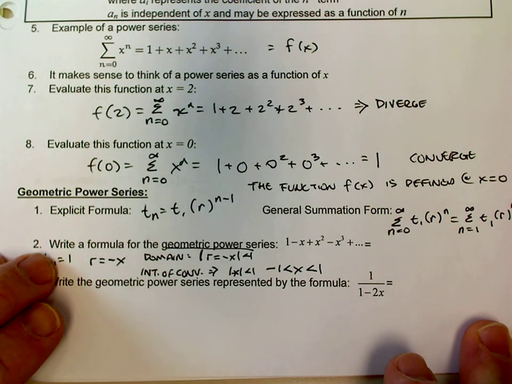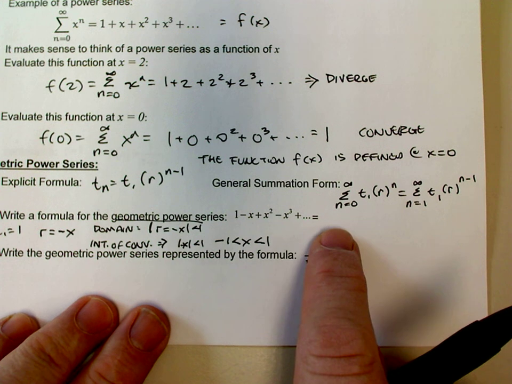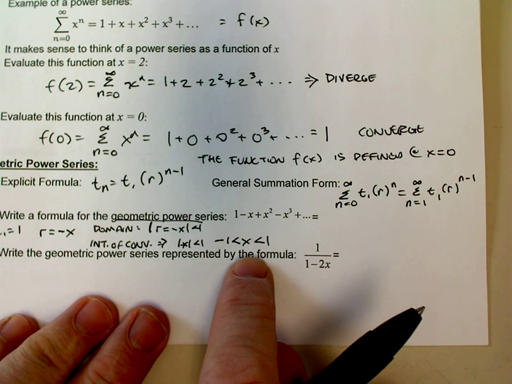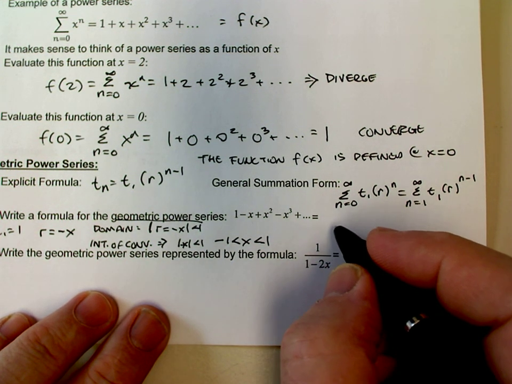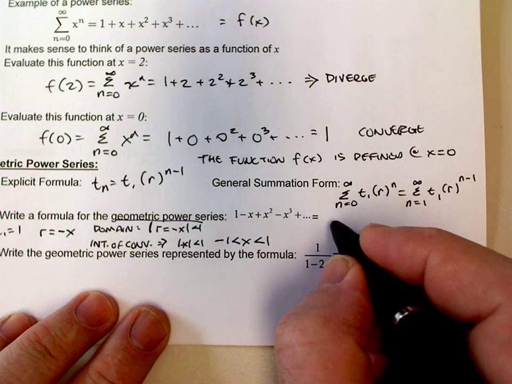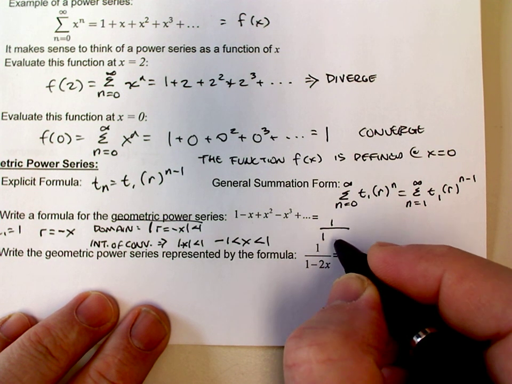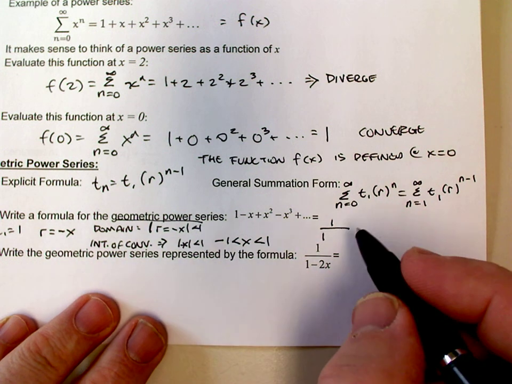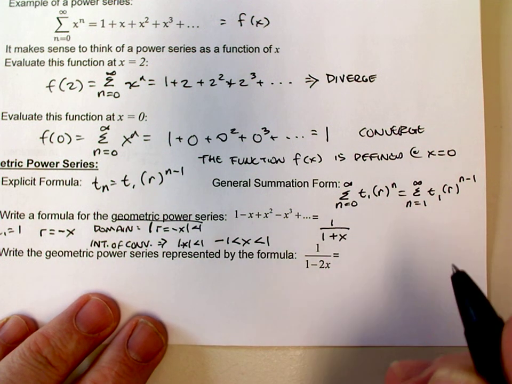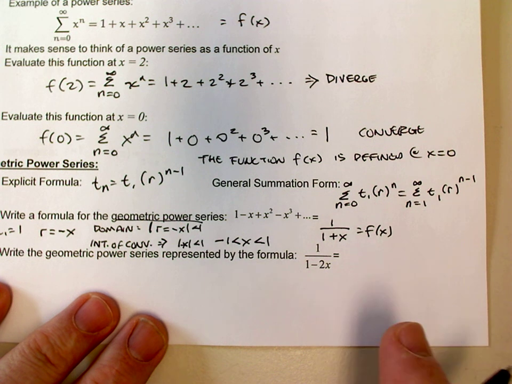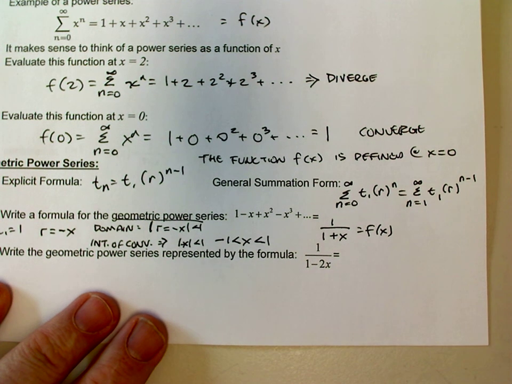Okay? So we know that since this will converge if x is between those, we can use our formula: first term 1 divided by 1 minus our value of r. In this case, it's a negative x. That is the formula for this function, whatever our x value is.